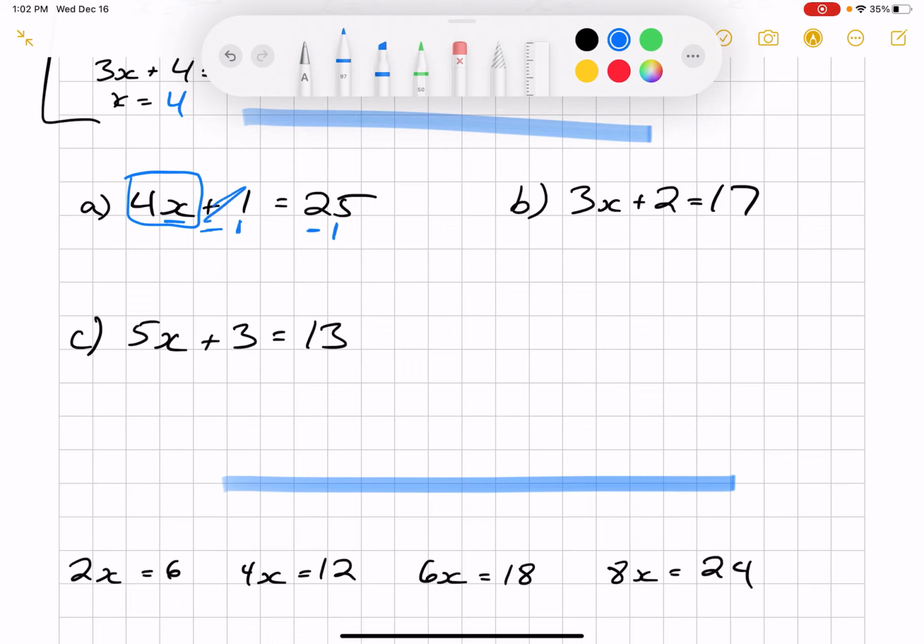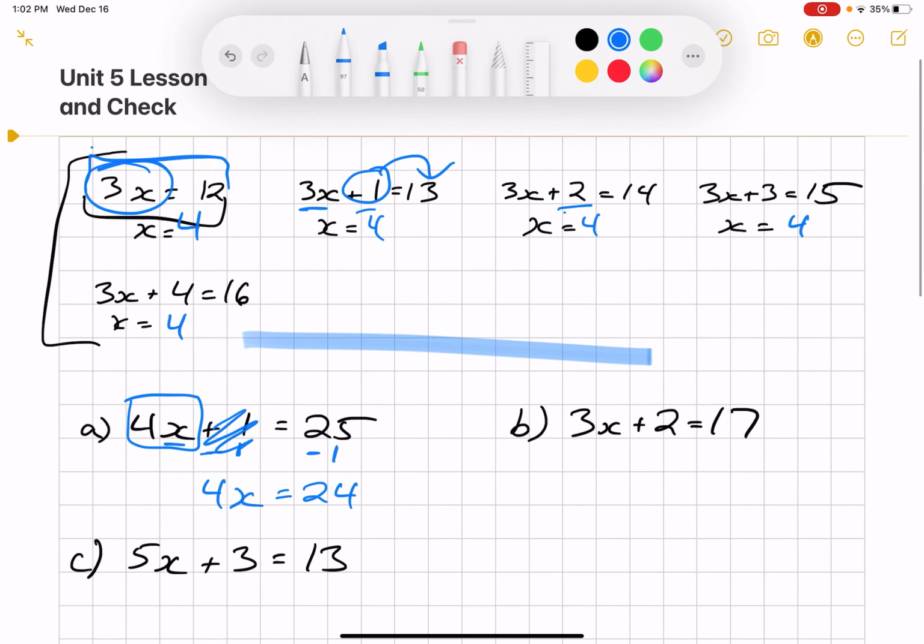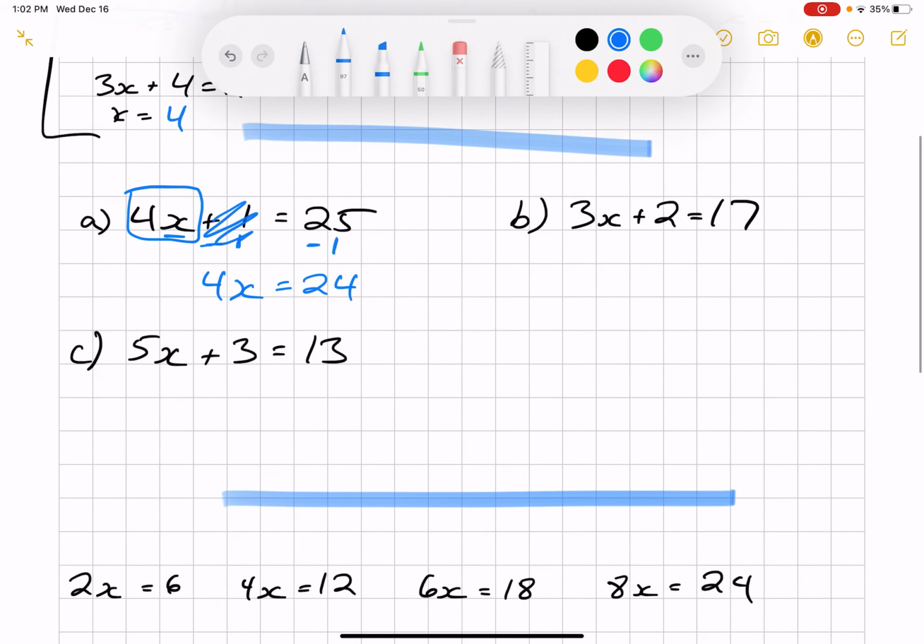So I'm going to get rid of the 1, and that's going to be 24. And so now I have 4x is equal to 24, because we know that this form is easier to deal with in guessing and checking. And then I can ask myself, what number can I multiply by 4 to get 24?